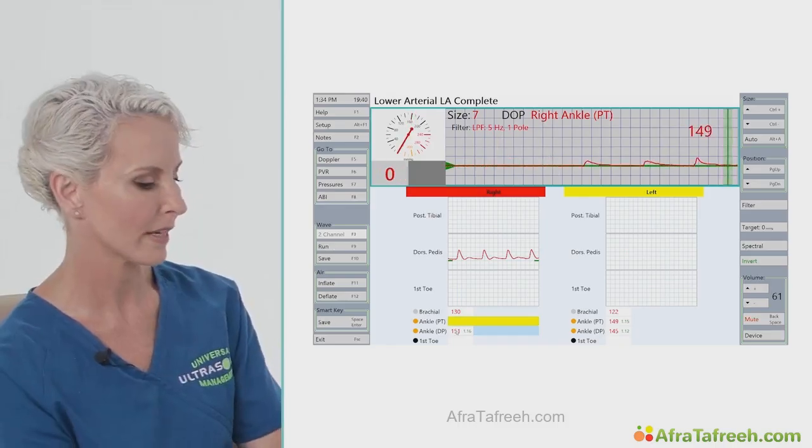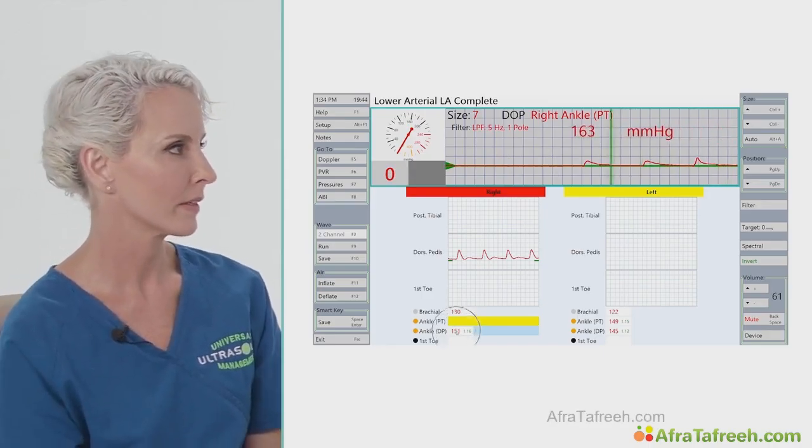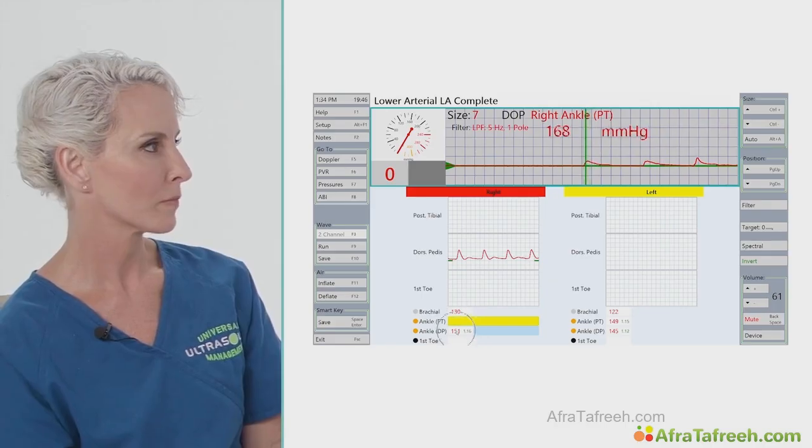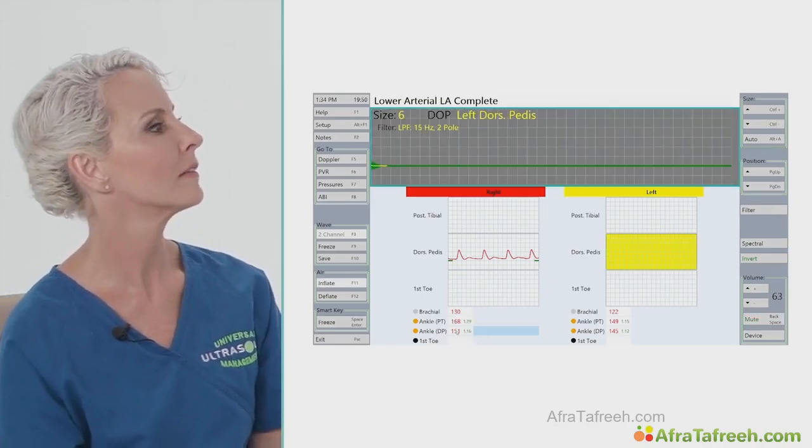And waiting for 3 strong beats, I'll place the marker at the onset again of the first strong beat for a pressure of 168 millimeters of mercury.